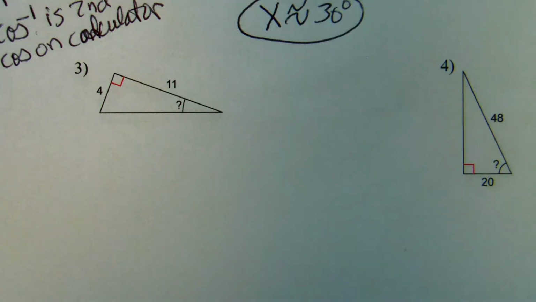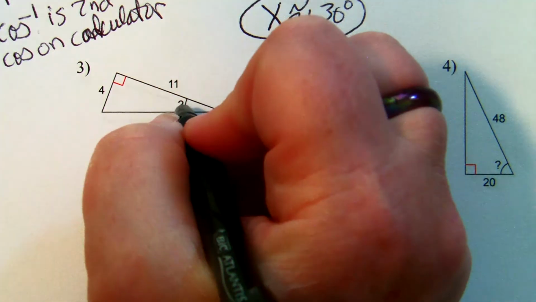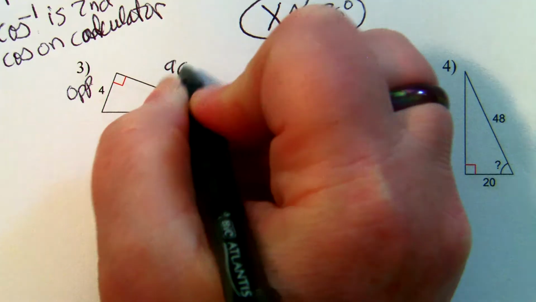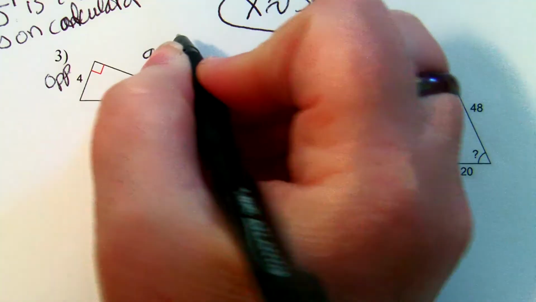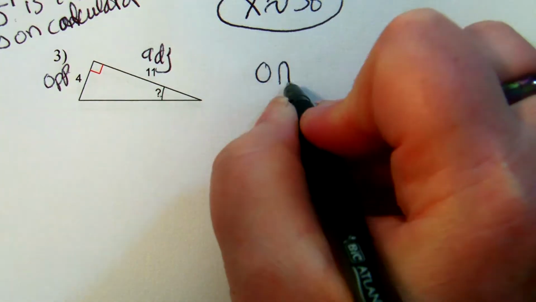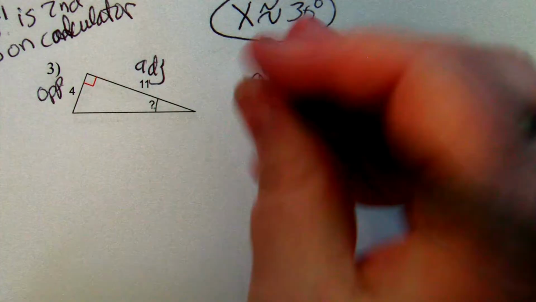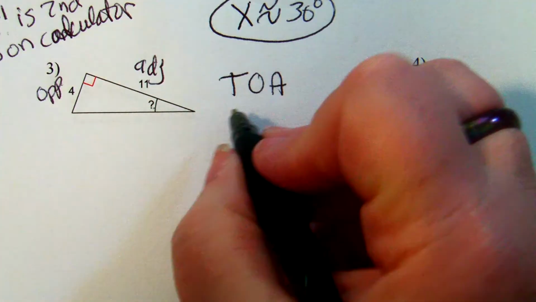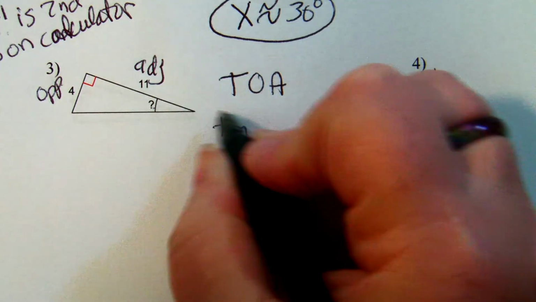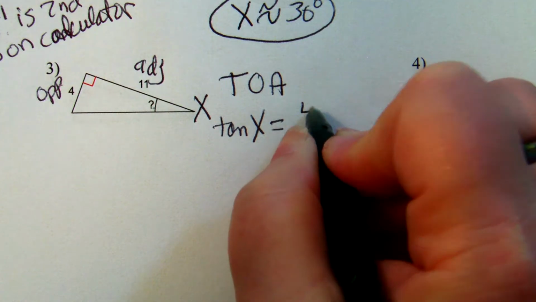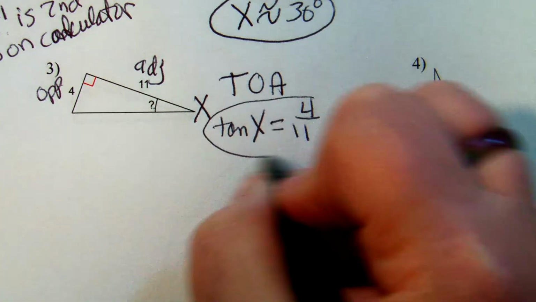So let's see if we can figure out which one this one is. Opposite, adjacent. TOA, tangent of x, I forgot to put the x, equals 4 over 11.